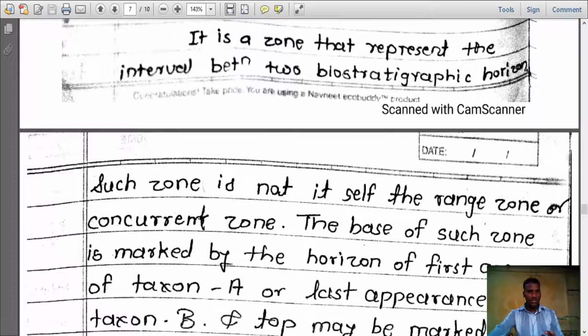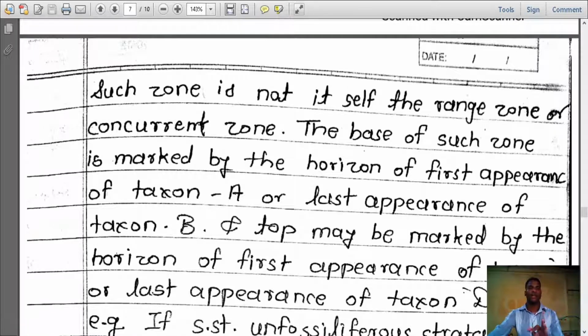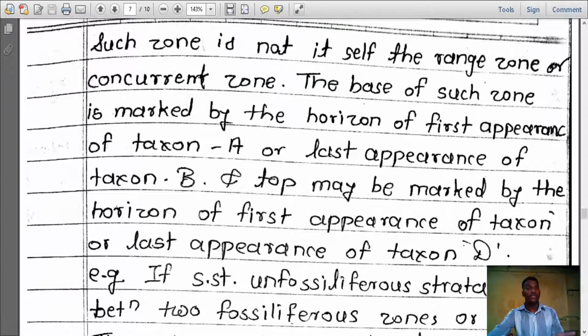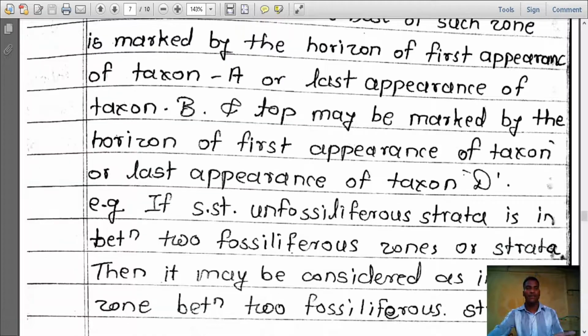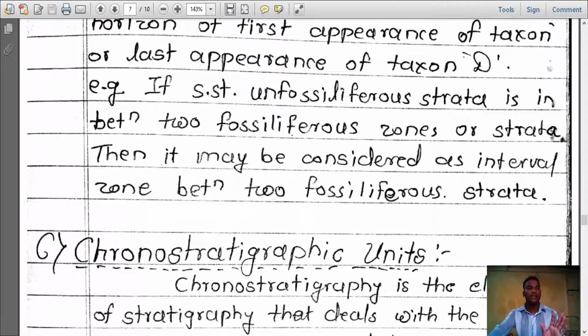The base of such a zone is marked by the horizon of first appearance of a taxon or last appearance of a taxon, and the top may be marked by the horizon of first appearance of a taxon or last appearance of a taxon. Example, if unfossiliferous sandstone strata lie between two fossiliferous zones or strata, then it may be considered an interval zone between two fossiliferous strata. These are the biostratigraphic units.